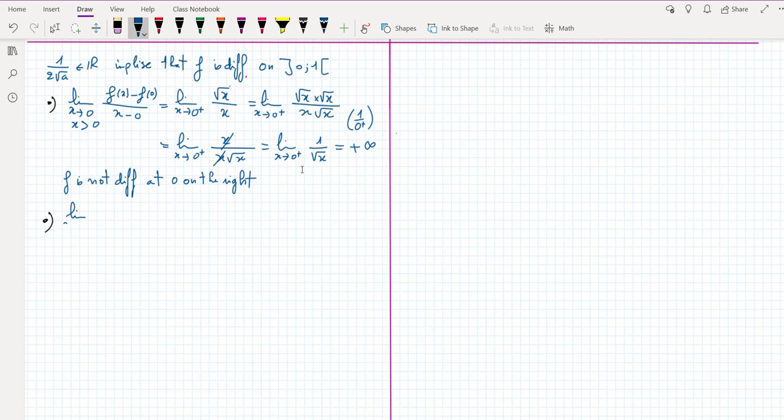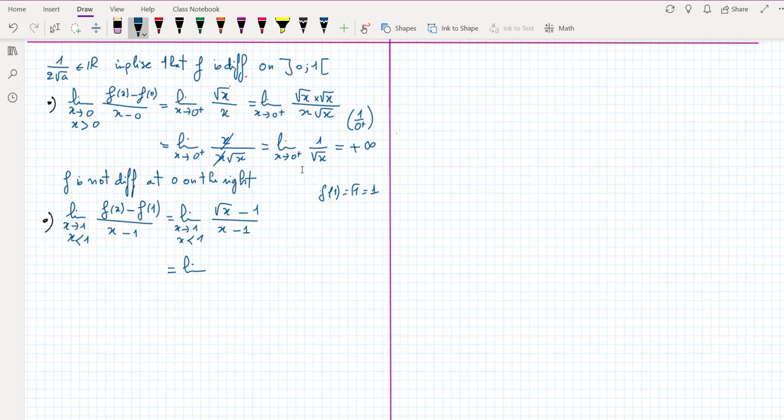So we need to calculate the limit when x tends to 1, x is less than 1, of f(x) minus f(1) over x minus 1, which is the limit of root x minus f(1), and f(1) is root 1. Root 1 is 1. So minus 1 over x minus 1.